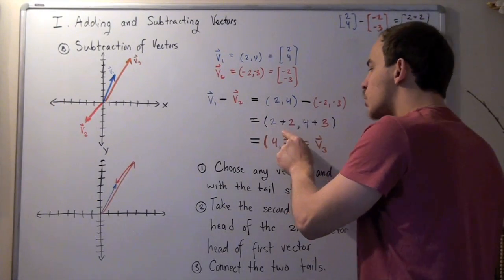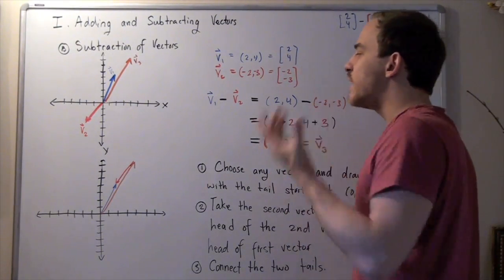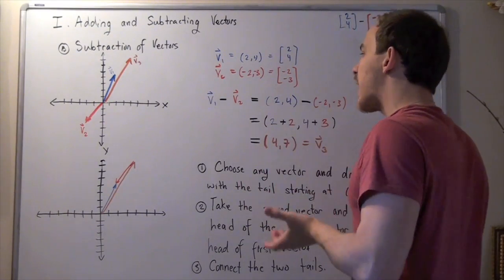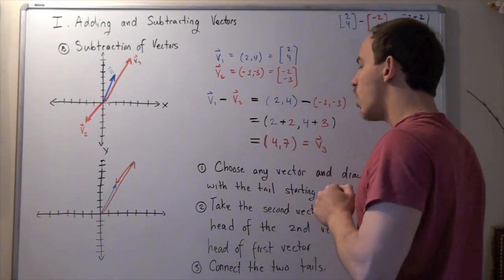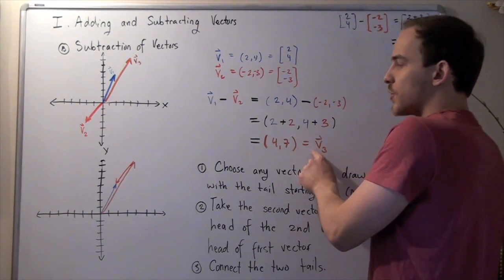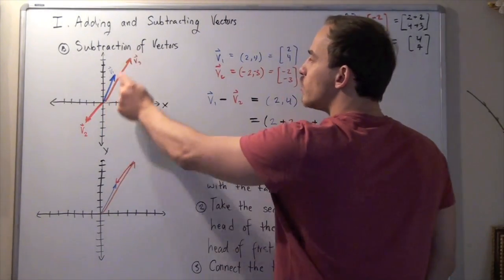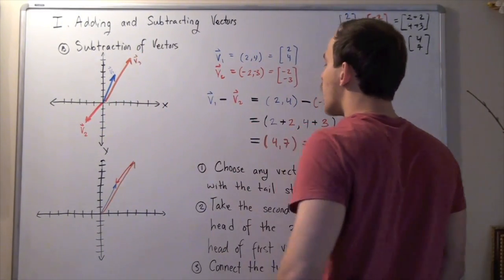So our new x coordinate is 4, and our new y coordinate is 7. So the vector that we get when we subtract vector v2 from vector v1 is vector 4, 7, which is vector v3. So let's graph this guy, and we get the following resultant vector.